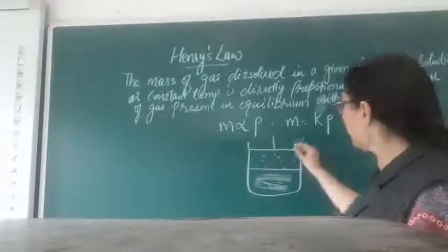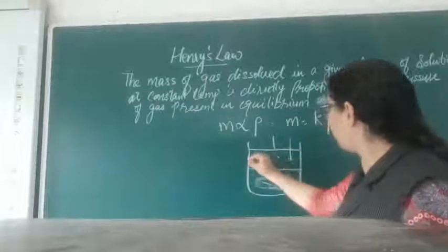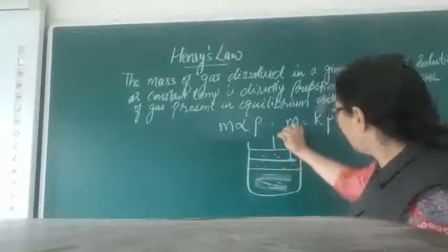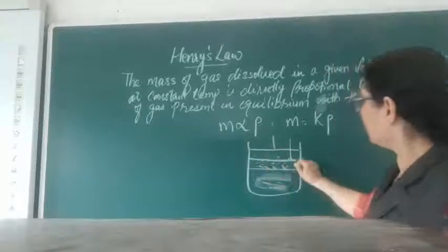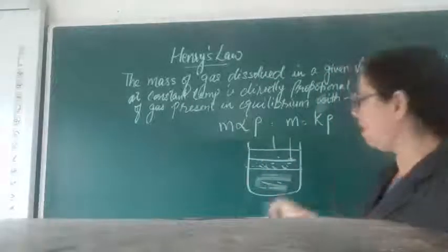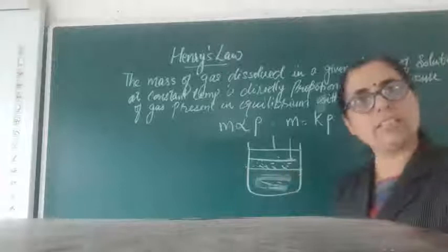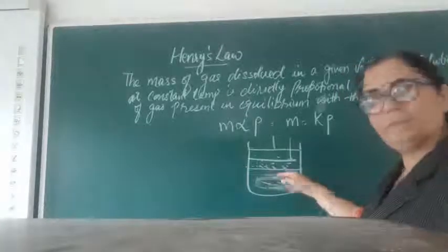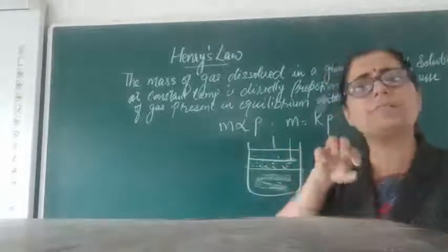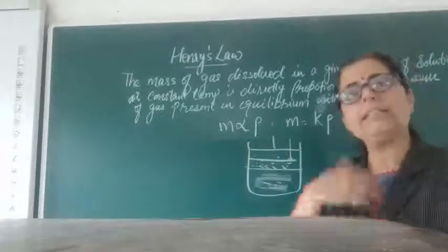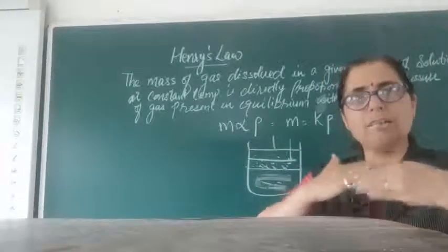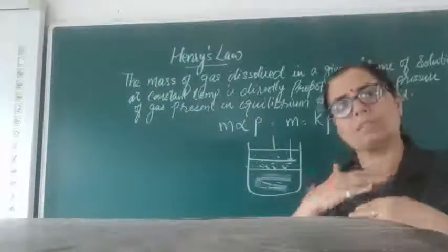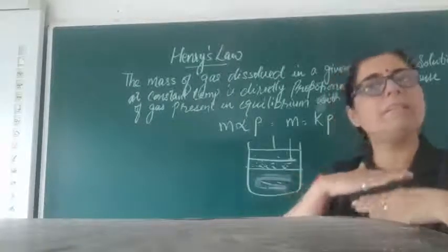But as soon as the pressure is increased, the number of molecules coming and settling over here becomes more. Now our equilibrium stage is reached. That means the gas molecules are dissolving in the liquid, and the liquid molecules are also changing to vapor state, and the stage comes when this process is stopped and equilibrium is maintained.